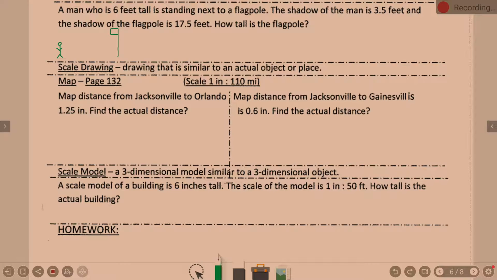The shadow of the man is 3.5 feet. Well, where is your shadow? Down on the ground. On the ground, yes. So this shadow of the man is going to be 3.5 feet.